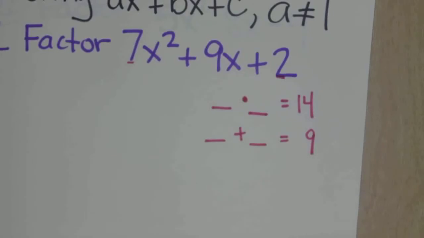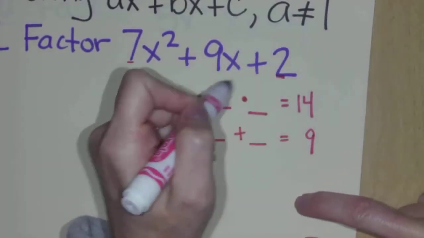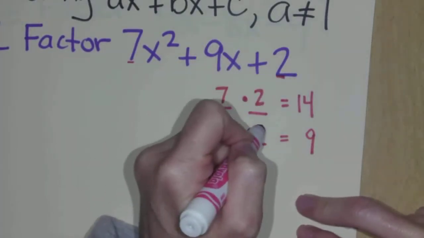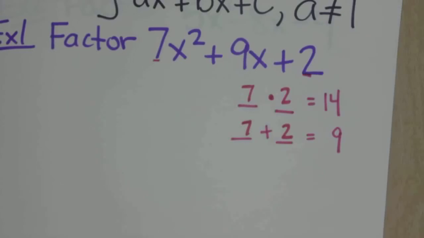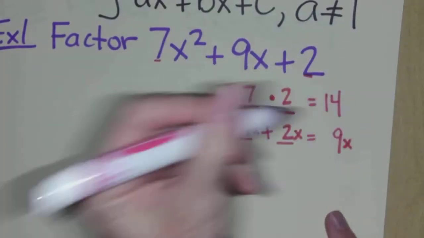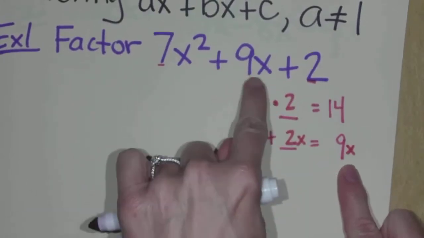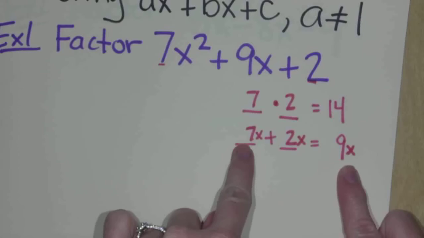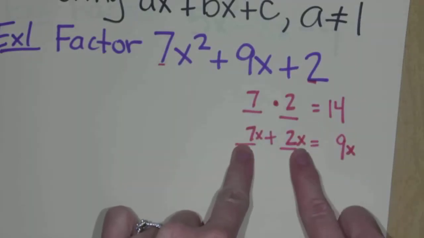So let's think about this here. 7 times 2 is 14. 7 plus 2 is 9. And more than that, 7x plus 2x is 9x. So in my grouping, when I go to rewrite 9x, I'm going to write it as 7x plus 2x.